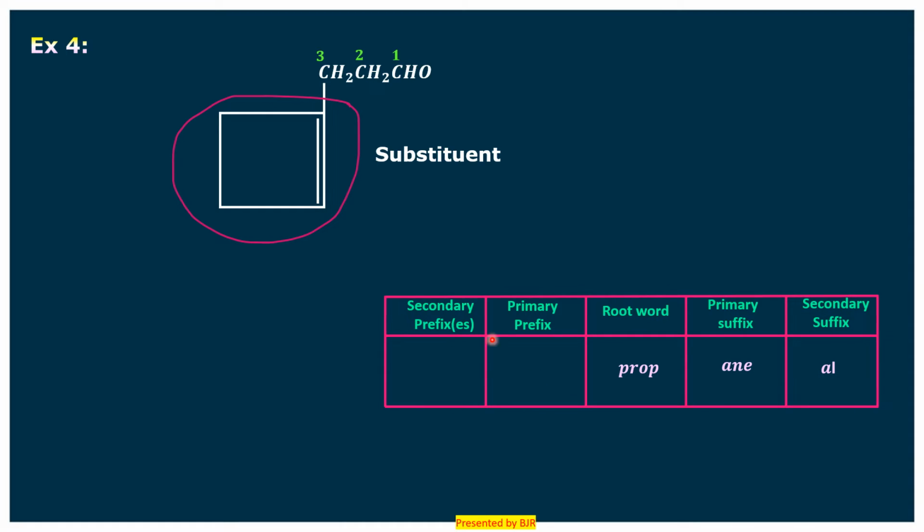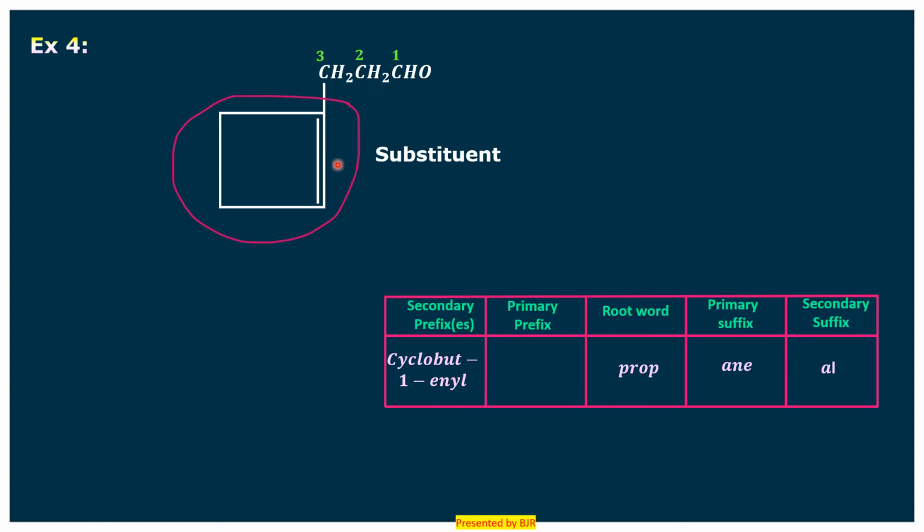Next, the secondary prefix you can see here is cyclobut-1-enyl. In this side chain 4 carbon atoms are there, so it is but, and these 4 carbon atoms form a ring, so cyclobut.